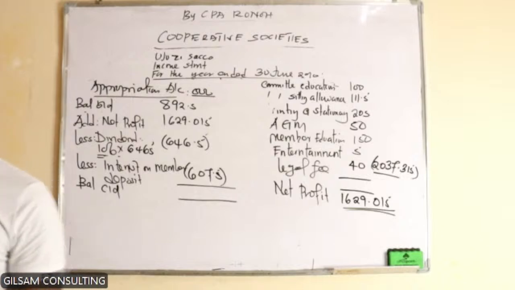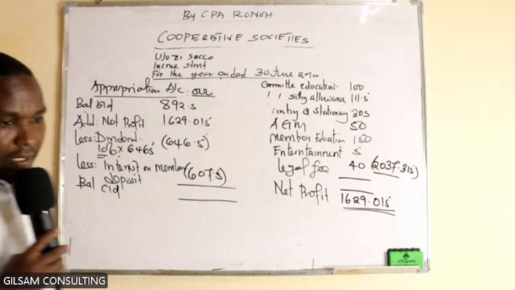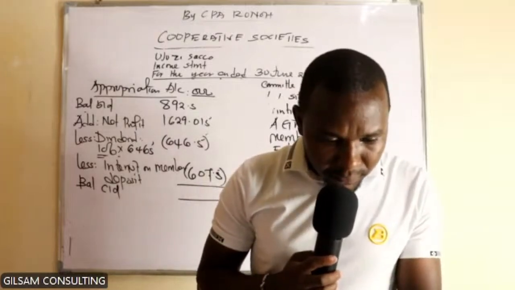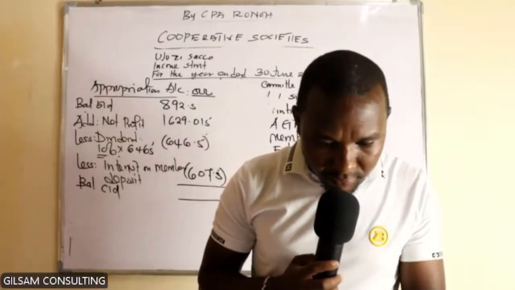Nani amepata? Brian, tumepata ngapi? I think the balance brought forward for the appropriation account is 604.5.